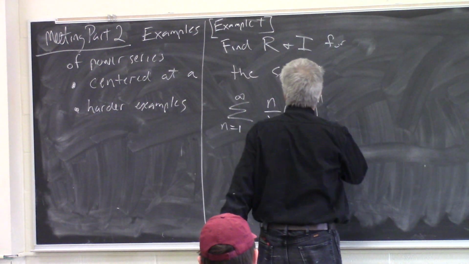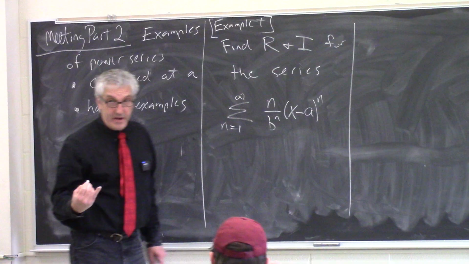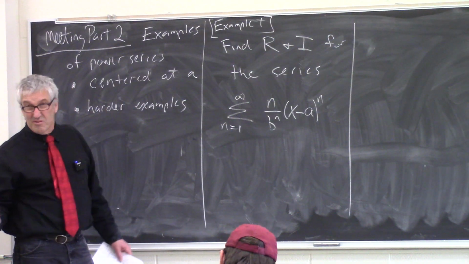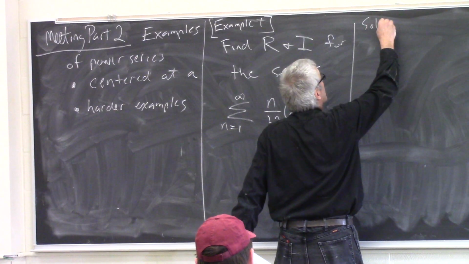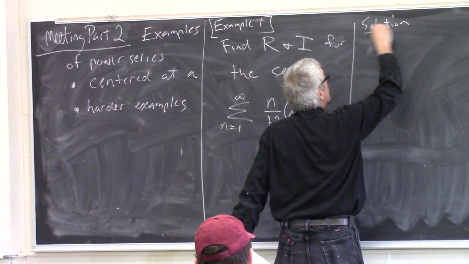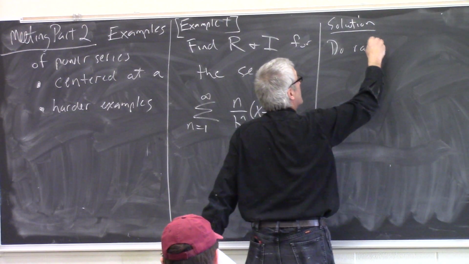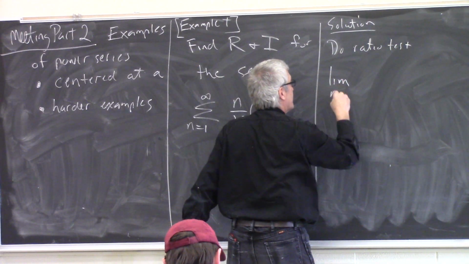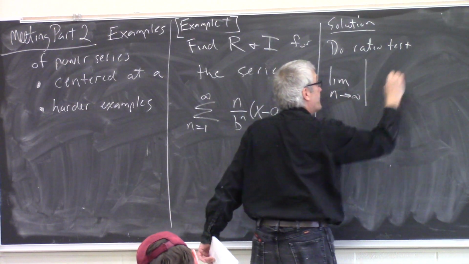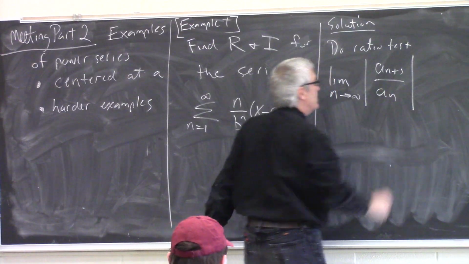So notice, again, this is a series centered at A. Now, what's hard about this is it's a series centered at A, and also there are no numbers in here. It's just letters. Well, as we did on Monday, let's do the ratio test. So the limit as n goes to infinity of the absolute value of the ratio, a n plus 1 over a n.